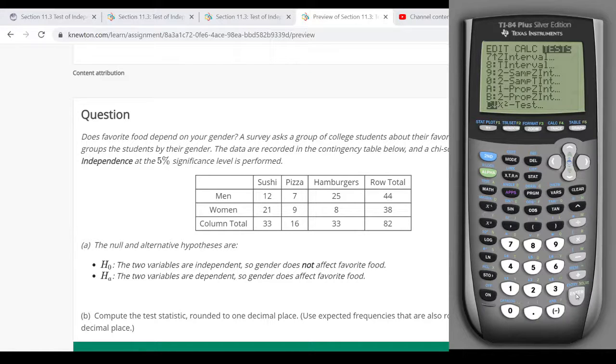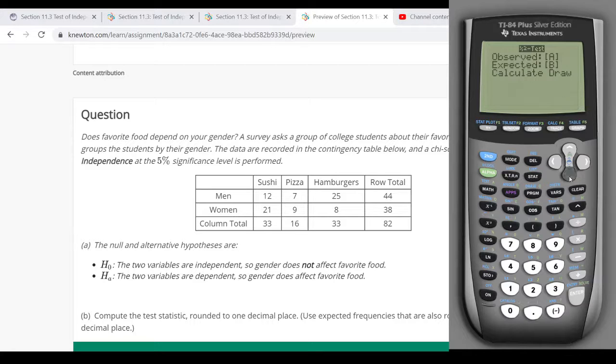Chi-squared test. And then it'll ask you, what are your observed values? What's the table? What's the matrix? And that was matrix A that I entered. Now, if you want to enter a different matrix, you go second matrix, and then go down the names here and enter whatever matrix. Now, we already had it at matrix A.